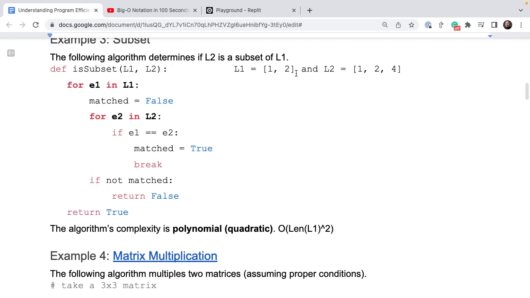So the worst case would be if this was 1, 2, 3, 4, and this was also 1, 2, 3, 4. It would have to iterate through both of them completely, because what's going to take the most time is when they're the same set. Because a set is a subset of itself, which is a good thing to remember because we're talking about power sets in a few minutes.